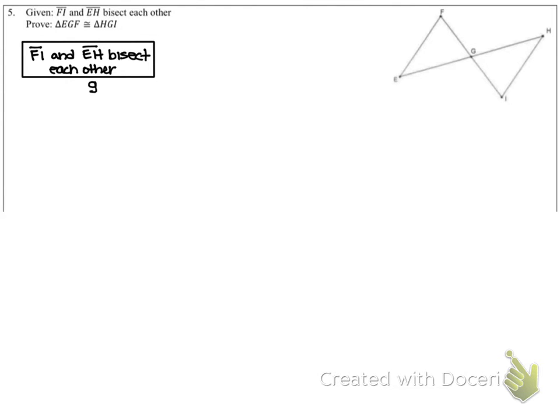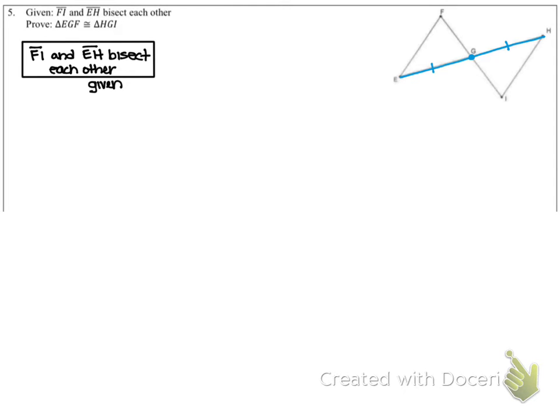But now I want to be able to use that vocabulary word to actually write a congruent statement, maybe a couple of them. So if FI and EH bisect each other, and bisect means to cut in half, that means that FI cuts EH in half. If FI cuts EH in half, and I'm over at my picture, then that means this whole EH, where it hits FI, is going to be split into two congruent parts.